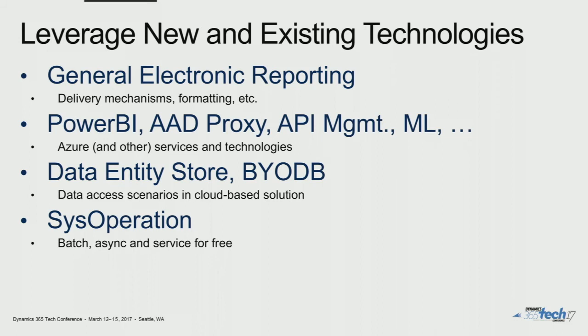But those customers had data warehouses on-premise that they've used. Now with the whole cloud story, how do we get these things out? There are scenarios, called BYODB, bring your own database, where you can set up recurring exports of data entities specifically for data warehouse and reporting scenarios that people need.